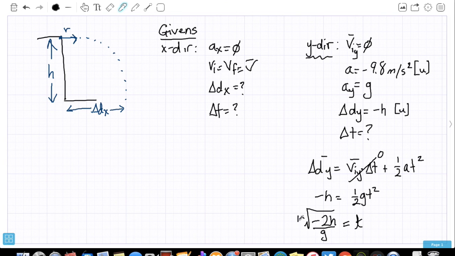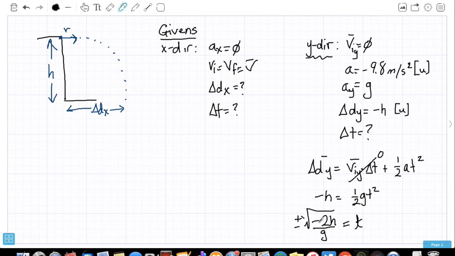Now, when you take the square root of any value, you automatically get two values. So what does that mean in terms of the question here? Well, the positive is the time it takes the projectile to go from here to here. And the negative, because this is a parabola, there's also another intersection point on the other side. So we ignore the negative sign and we only take the positive value.